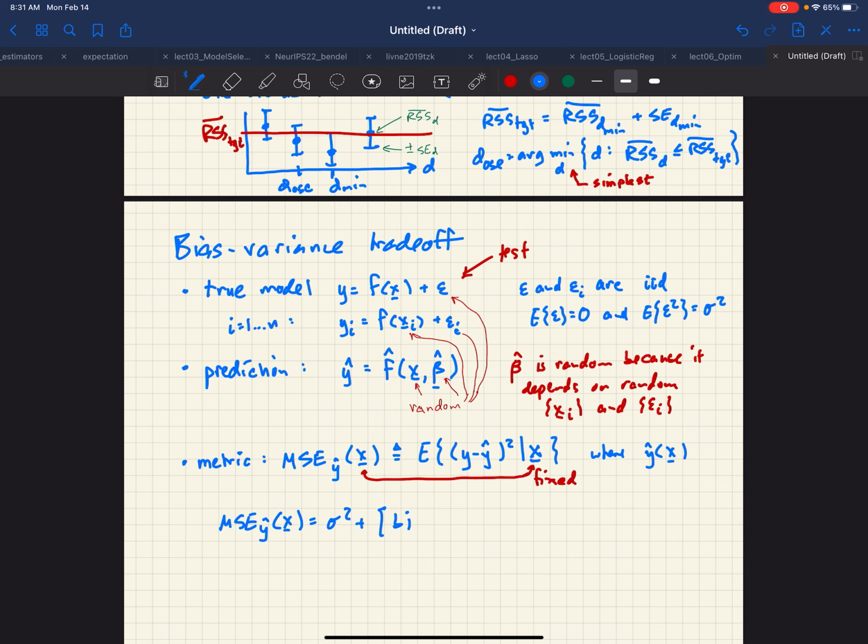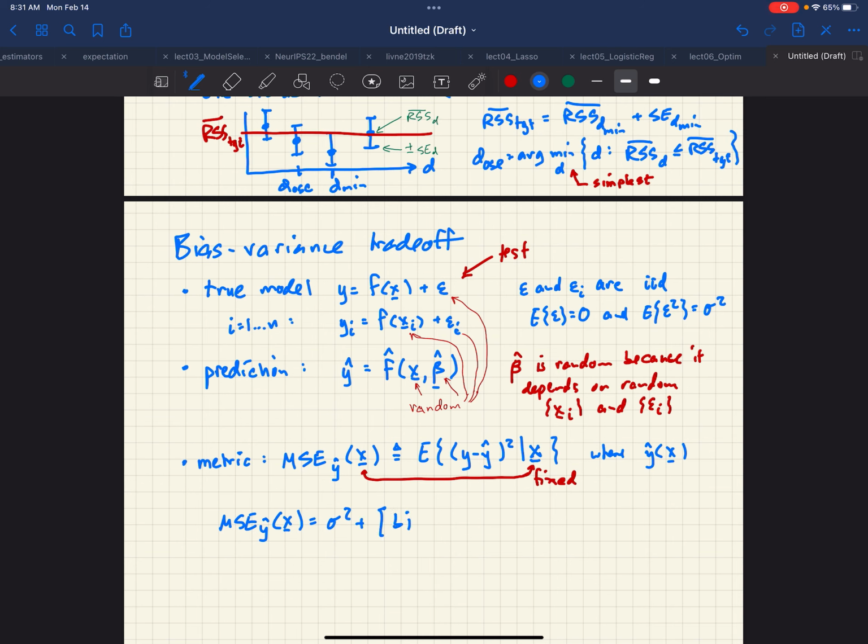And then the variance, by definition of variance, is going to be the expected value of y hat. Actually, maybe I'll change the sign on the bias and put the y hat on the left.